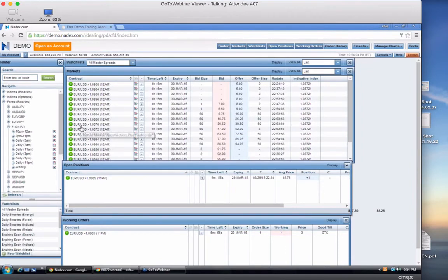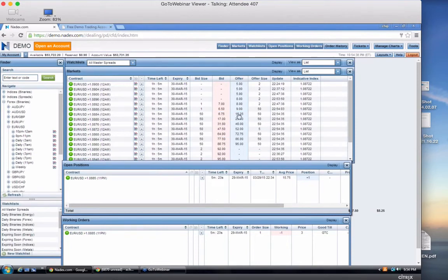Okay, very good. So this option is going to expire in 1 hour and 5 minutes, and you're thinking that the Euro USD spot is going to finish higher than this price level. Right now it's trading a little under this price level, so we're kind of at a disadvantage.